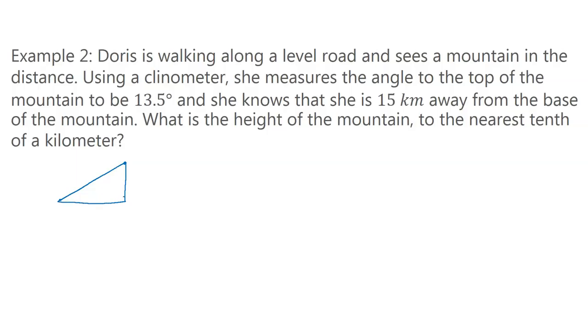So here's my little right triangle we're going to use. So let's fill in the values. Doris is 15 kilometers away from the mountain. She's looking up at the mountain at an angle of 13.5 degrees, and we're looking for the height, which I'll represent as x.